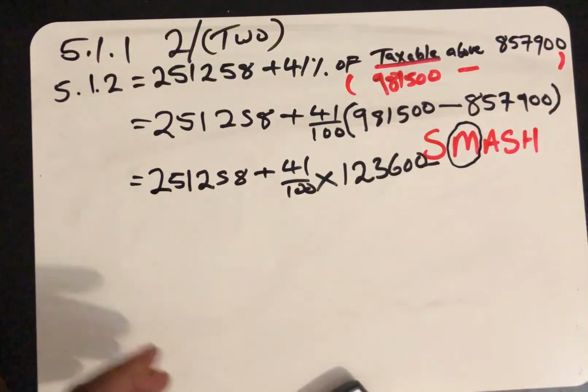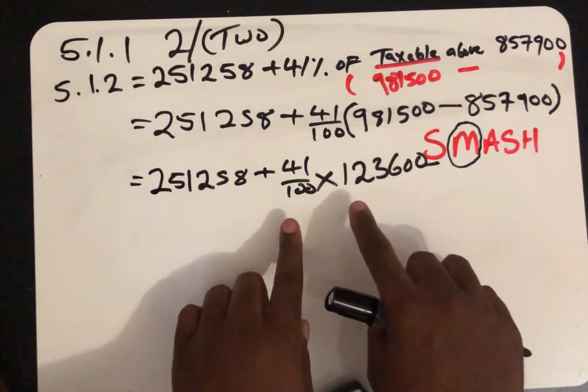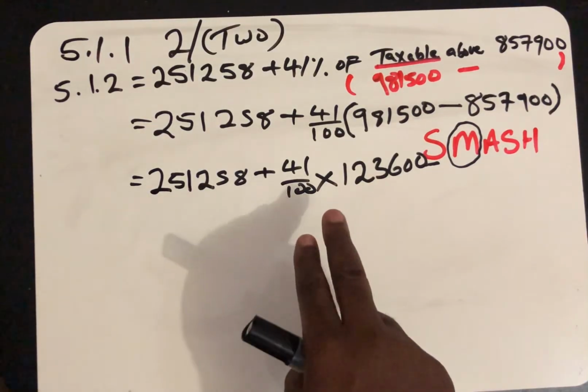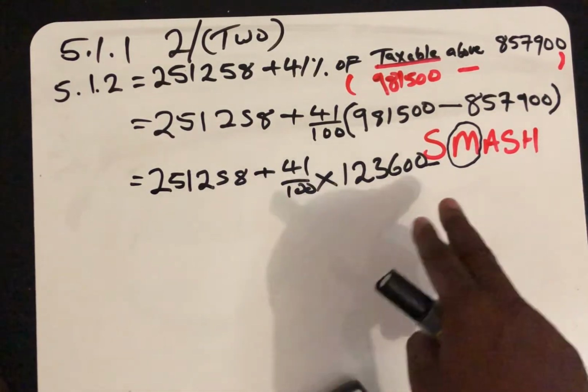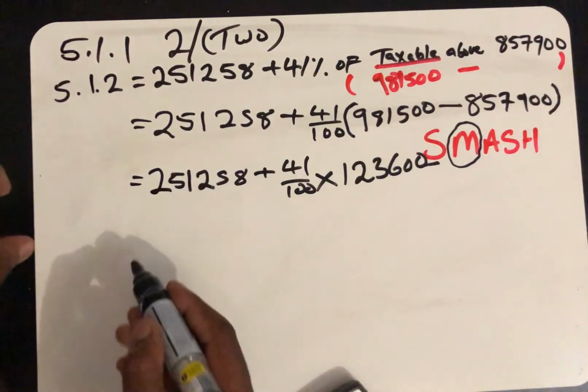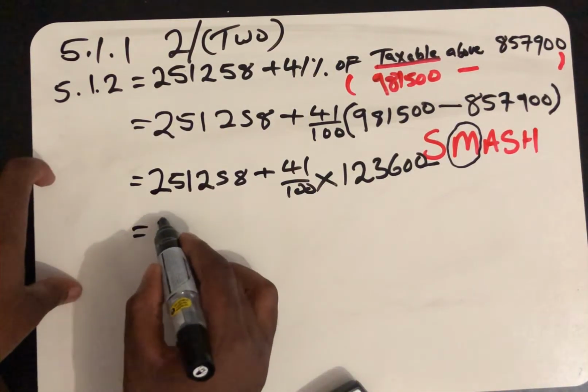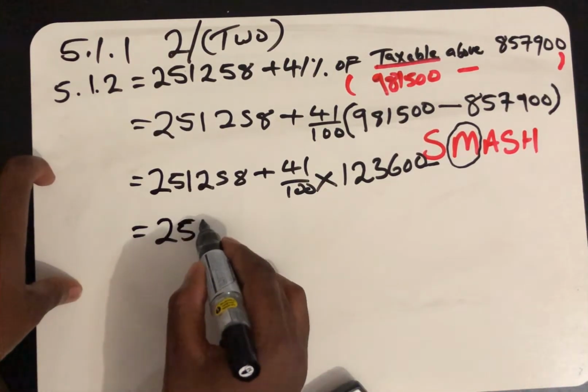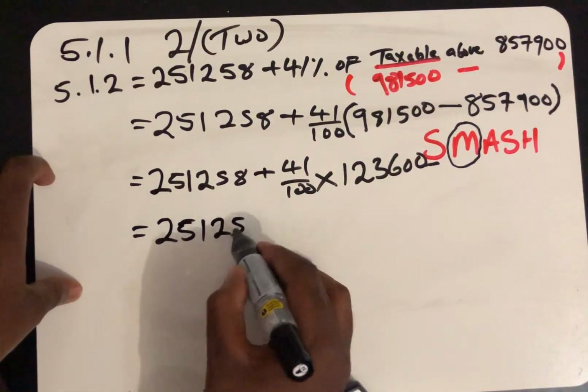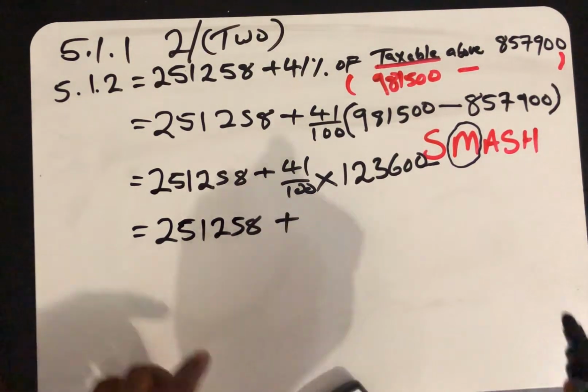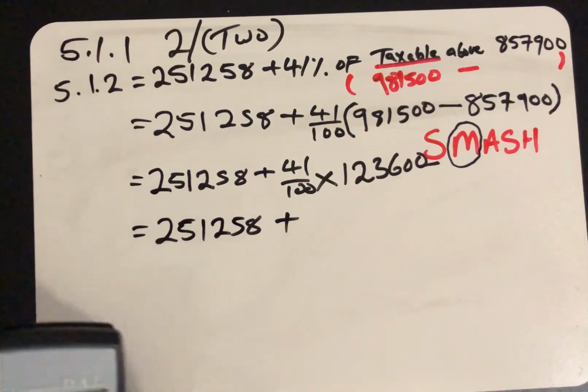We move to the next one, which is what? Multiplication. M stands for multiplication. So now we have to check, do we have multiplication here? Yes, we do have multiplication here between 41 over 100 multiplied by the answer that we just got. So we leave this the way it is. It was 251,258 rands plus. And then we deal with that.